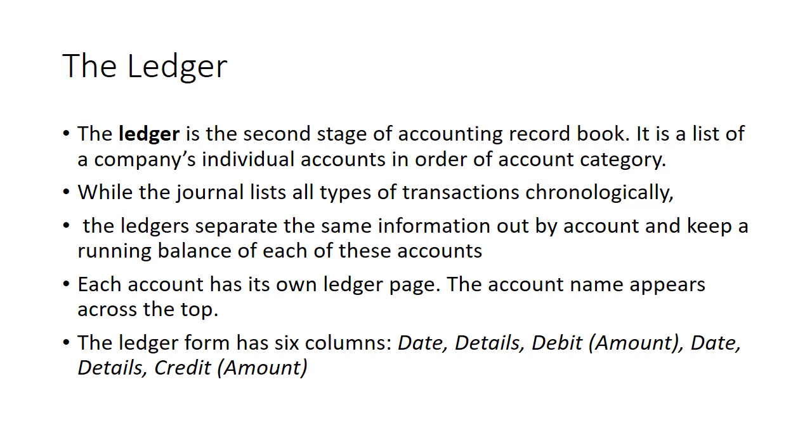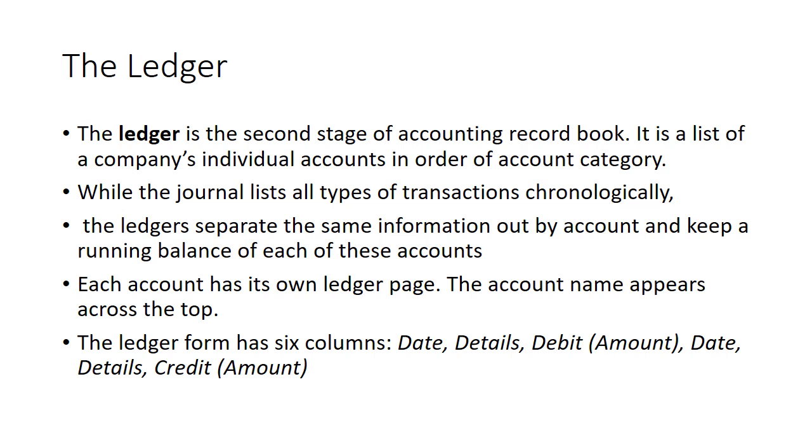The account name appears across the top. Each ledger normally has 6 columns. We have a column for date, where the date of the transaction is written.